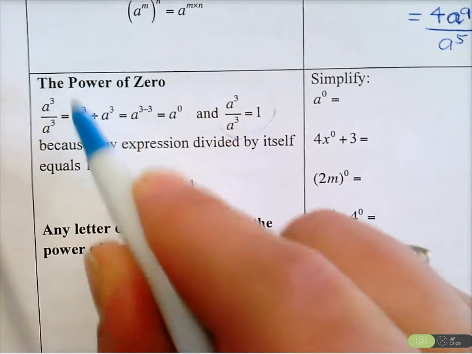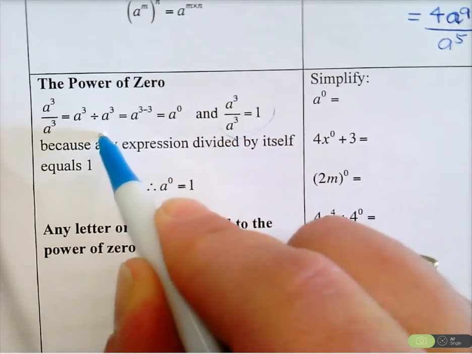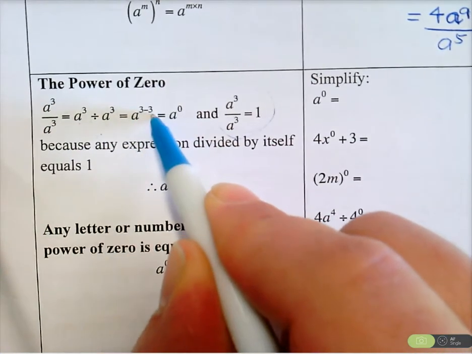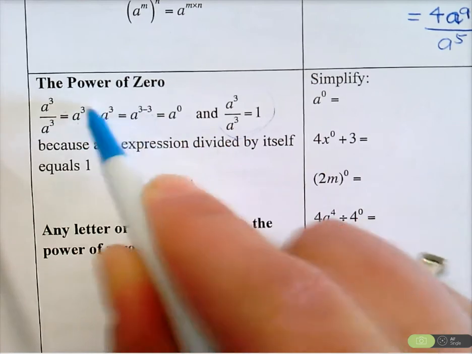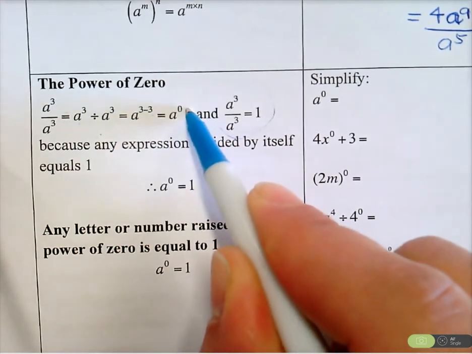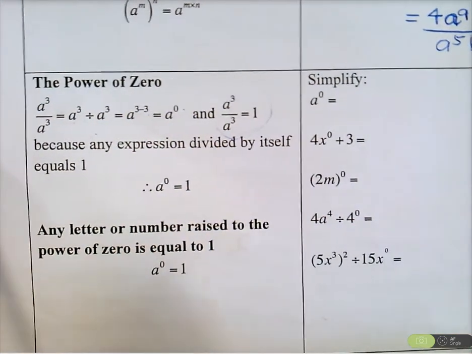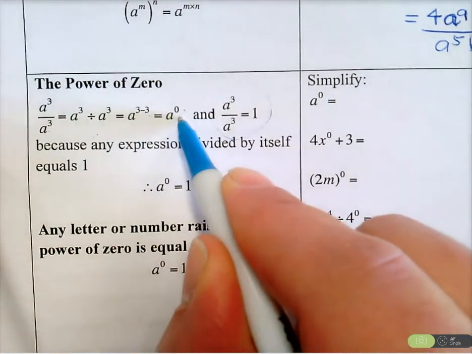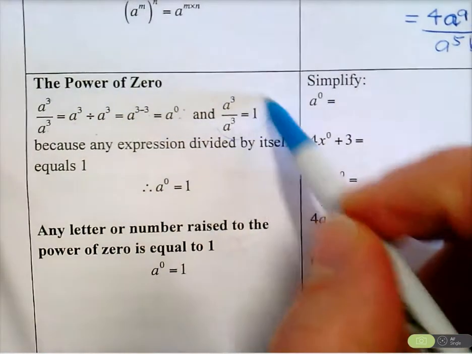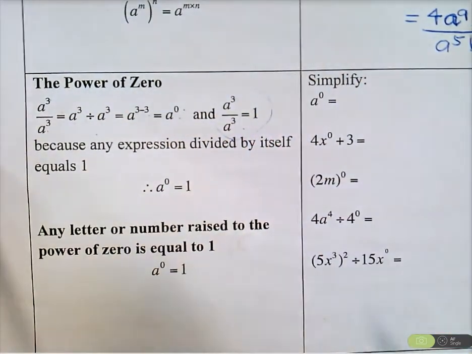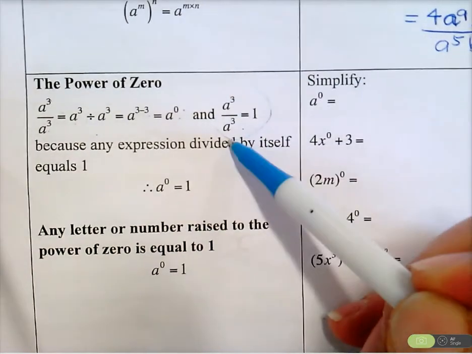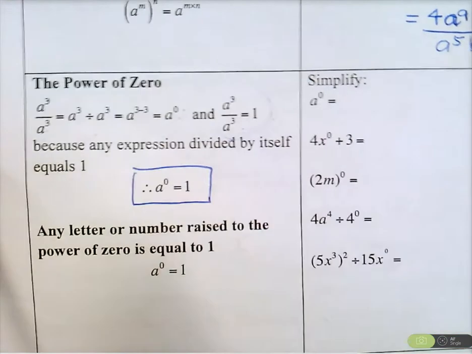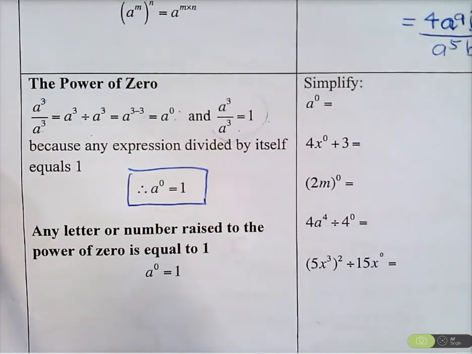And doesn't that mean if the bases are the same, subtract the indices, a to the power of 3 minus 3, which is a to the power of 0? Well, if a to the power of 3 over a to the power of 3 equals a to the power of 0, and anything divided by itself is 1, therefore it must hold that a to the power of 0 is 1.